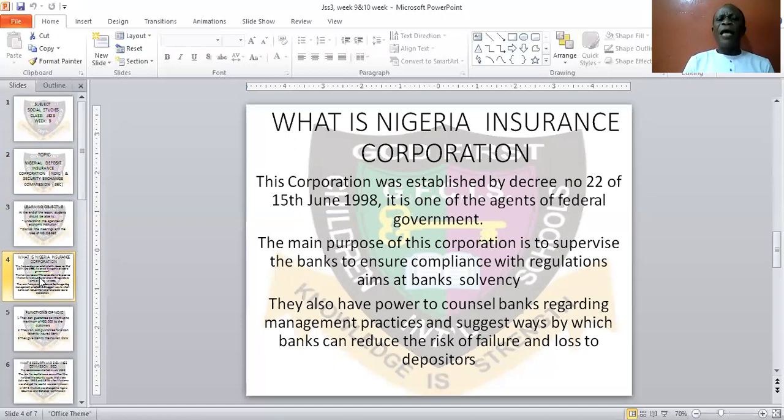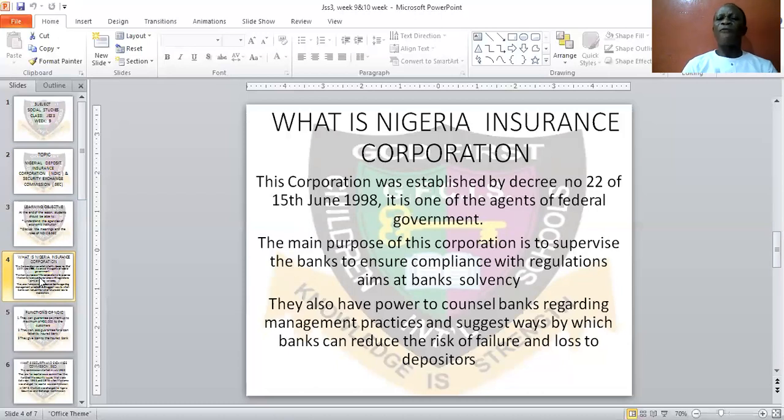This is the main purpose of this corporation: to supervise the banks to ensure compliance with regulations that is aimed at bank sovereignty. They also have power to counsel banks regarding management practices, to discuss with banks about management practices, and suggest ways by which banks can reduce the risk of failure and loss to depositors.